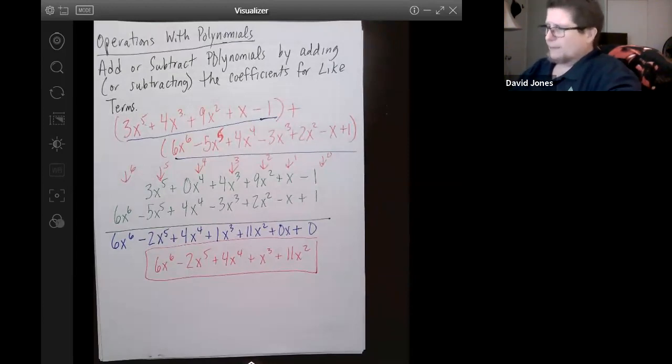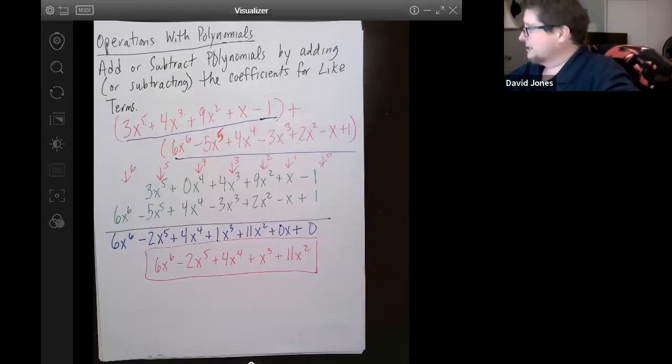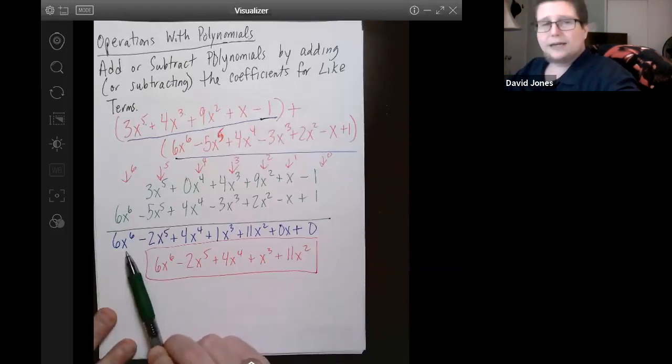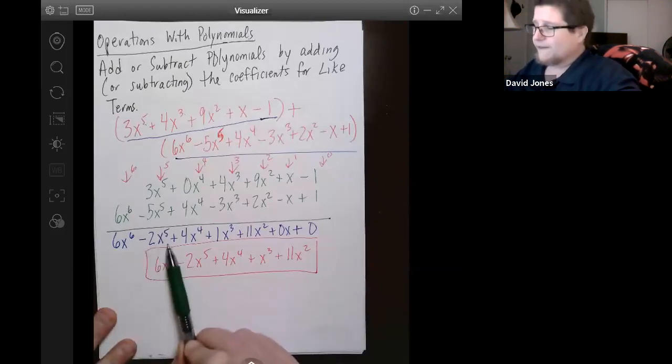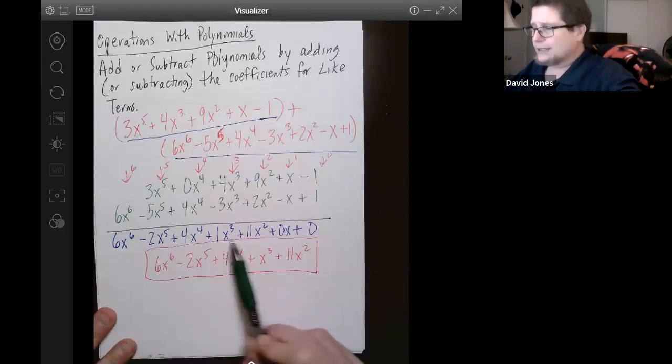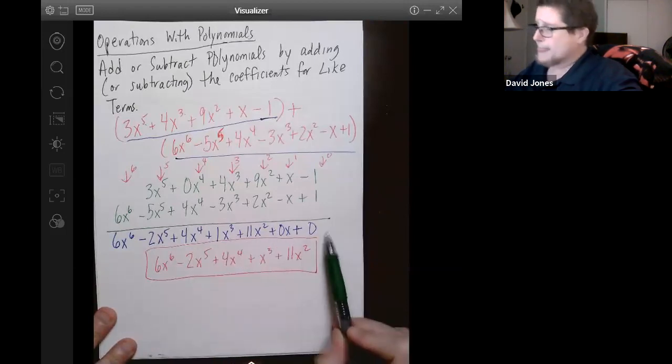So let's take a look at maybe another one. Wait, what kind? What? I didn't mention it. So the degree of each of these terms, the degree of this one is 6, 5, 4, 3, 2, 1, and 0.